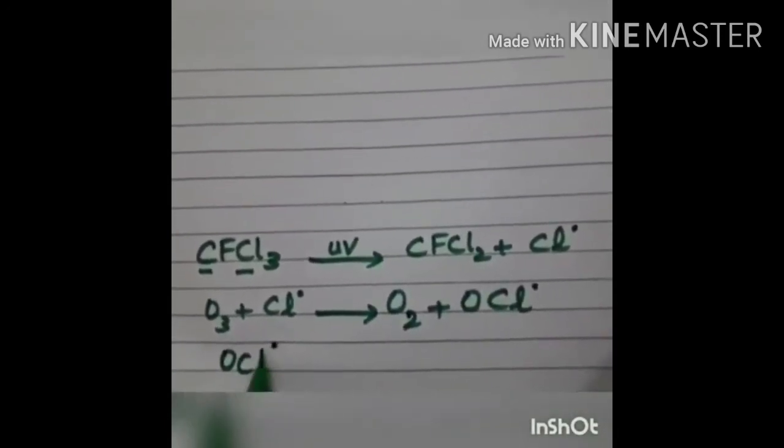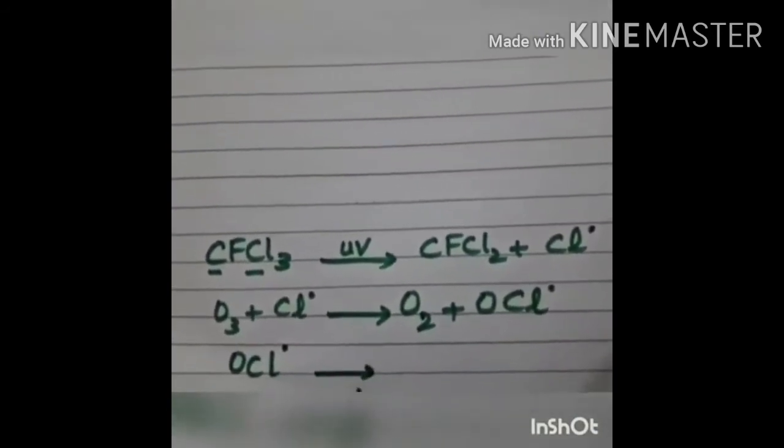This chlorine free radical combines with ozone, oxygen is produced and chlorine monoxide is produced. Chlorine monoxide is also a free radical, an unstable species, so it produces oxygen and chlorine free radical.